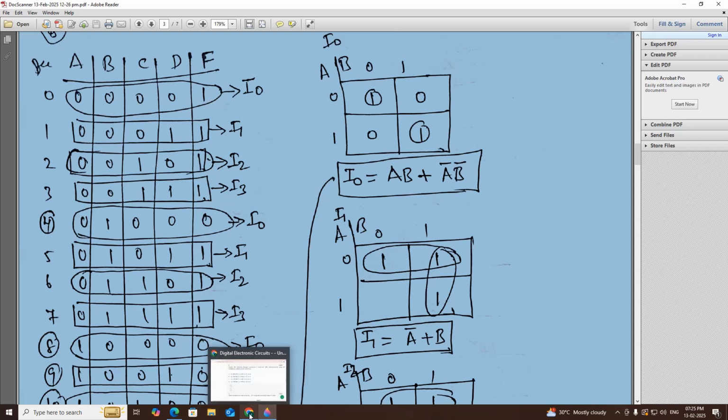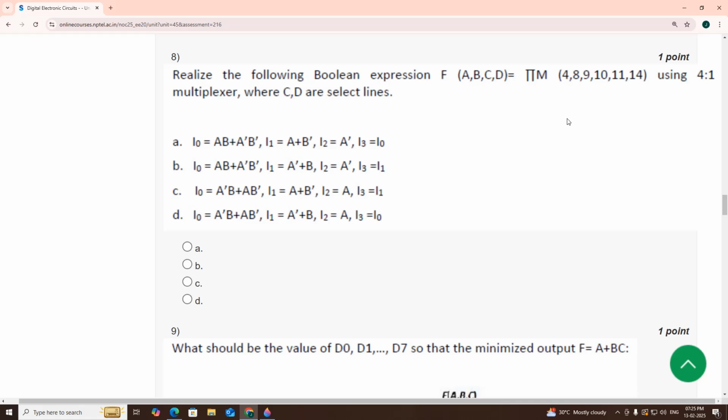For that we will see the problem here. They have given this equation 4, 8, 9, 10, 11, 14. For all these decimal numbers, f is 0.